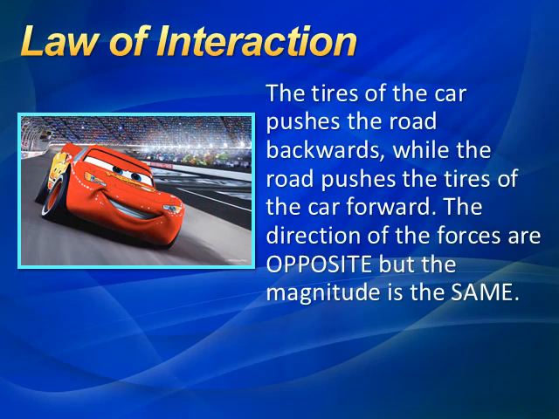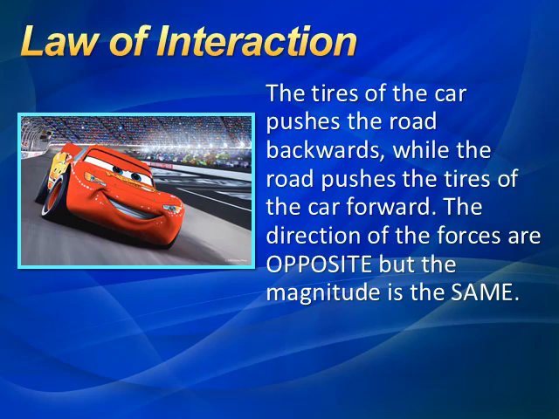Okay, the next example. So, the tires of the car push the road backwards while the road pushes the tires of the car forward. So, the direction of the forces are opposite but the magnitude is the same. Okay. So, in this case, itong mga tires natin, nag-exert siya ng backward force on the road, and then the road also exerts a forward force on the car. Kaya yung car, nag-move siya forward. Parang kapag naglalakad tayo, yung foot natin, tinutulak natin pabalik yung floor, para tayo makamove forward.